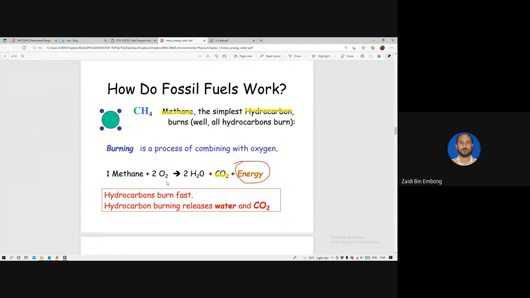Or in other words, you combine and oxidize, and this burning process will give you water and also release some amount of gas, CO2. This CO2 is a polluting gas.